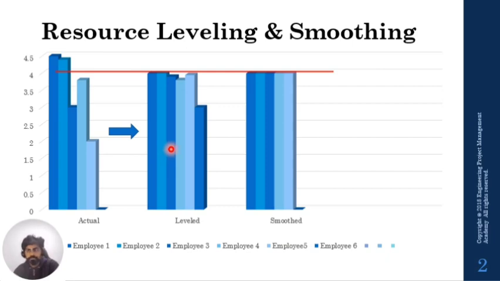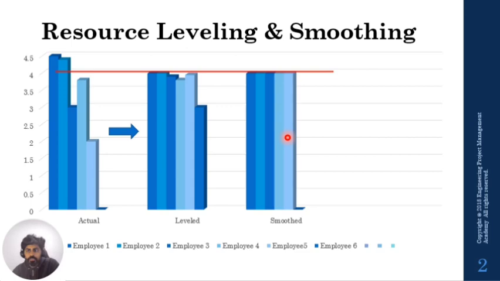To continue with the comparison of leveling and smoothing, leveling can be done on activities on the critical path. You have a critical path, therefore you bring additional resources so that the critical path is not jeopardized. Smoothing cannot be done on the critical path, since it has to be finished on a certain date.